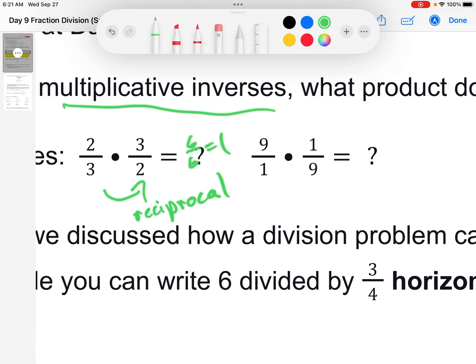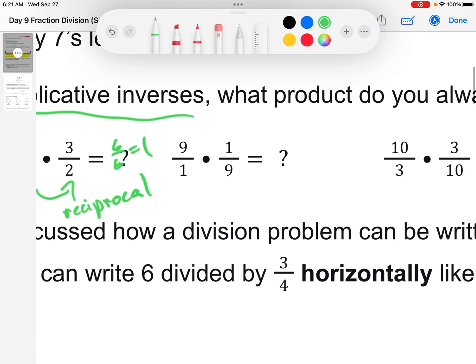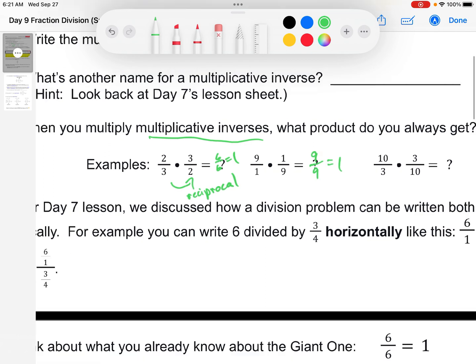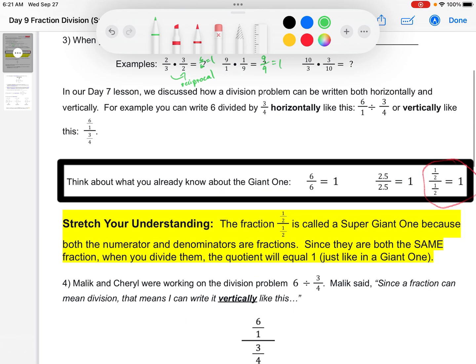We would have 9 times 1, which is 9, and 1 times 9, which is 9, and that equals 1. So whenever we do the multiplicative inverse, or that reciprocal, we always get 1. So keep those two things in mind, multiplicative inverse and supergiant 1, and we'll be able to do that.